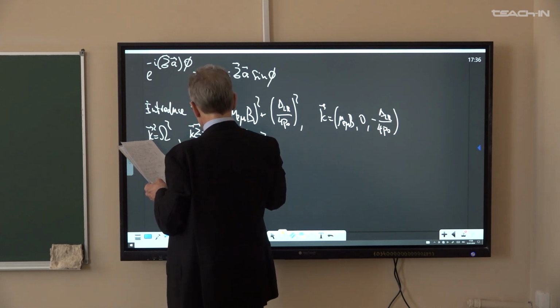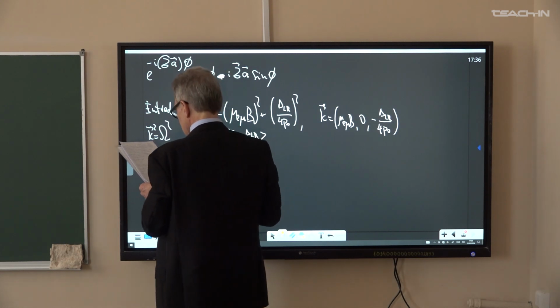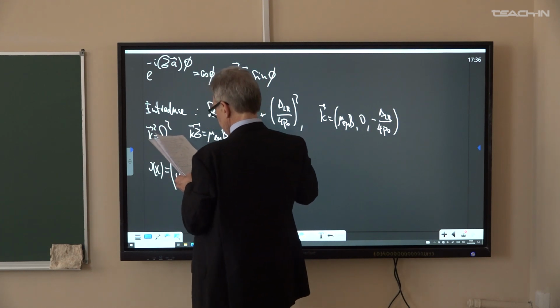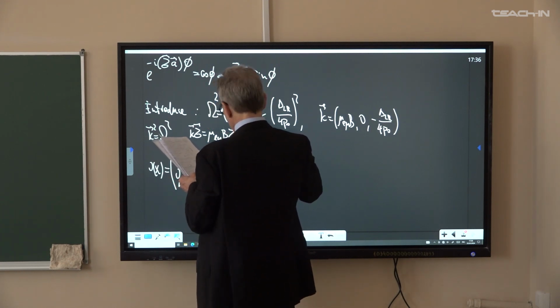exponent minus i omega multiplied by x, then I just put here k divided by omega sigma vector.